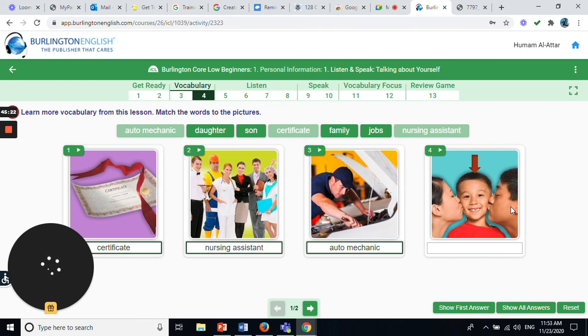So what do we call this boy? Do we call him daughter or son? What do we call the boy? This is my daughter, or this is my son? What do we call the boy? Son. Yeah. Very good.